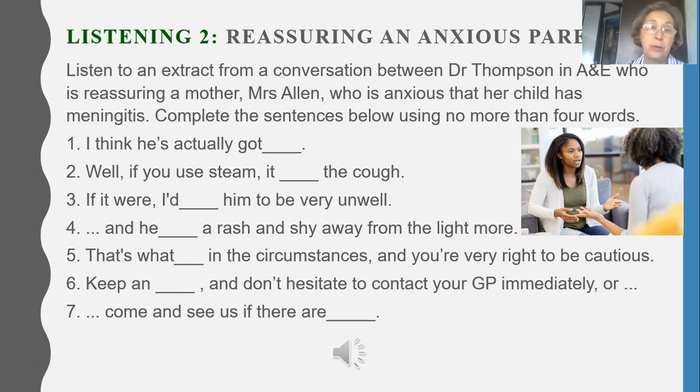And you can see that the doctor uses some kind of structure with if. If it were meningitis, she says, I'd expect him to be very unwell. I mean that this is an unreal situation. She emphasizes that this is an unreal, imaginary situation, because actually it's not meningitis.